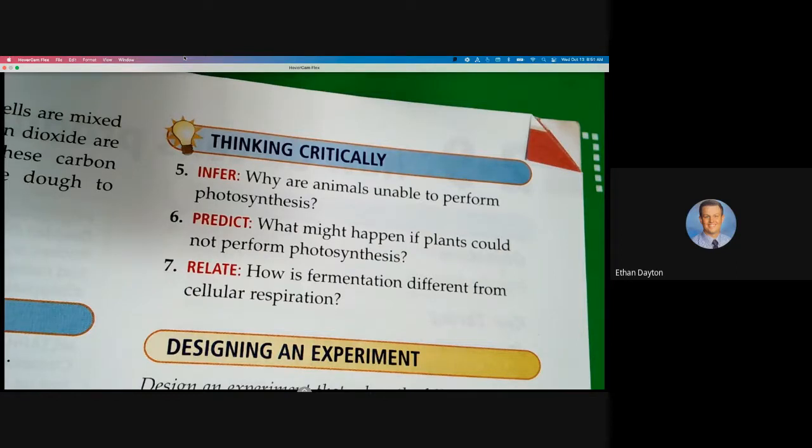One second, I got it. You got it. My brain's not up right now. You're okay. Chloroplast. There you go. So animals are unable to perform photosynthesis because they don't have chloroplasts or chlorophyll. Thank you for searching for your notes, Jake. I like that.